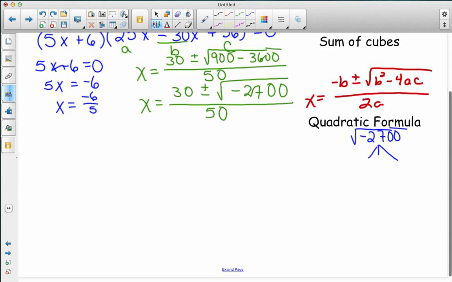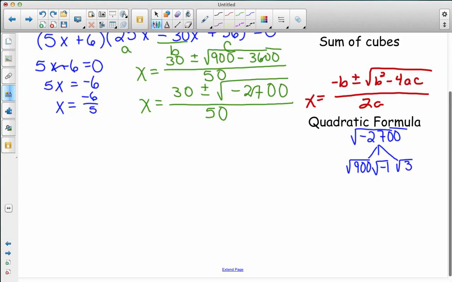I know that one of my factors is going to be the square root of negative 1. Now I'm looking at 2,700, and I'm asking myself, are there any factors of 2,700 that are perfect squares? And it turns out there is. So that would be the factor 900. So I have the square root of 900 times the square root of negative 1 that we already talked about times the square root of 3. Because 900 times 3 is 2,700, and then times negative 1 is the negative 2,700.